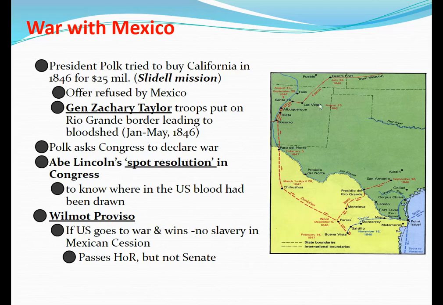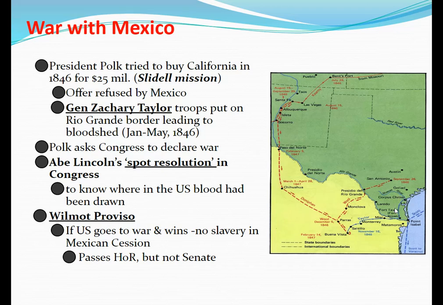And this Rio Grande border is actually a border that Mexico does not recognize. They believed that what should be, if there is a southern border between the state of Texas and the nation of Mexico, it would actually end here, what we call the Nueces River.